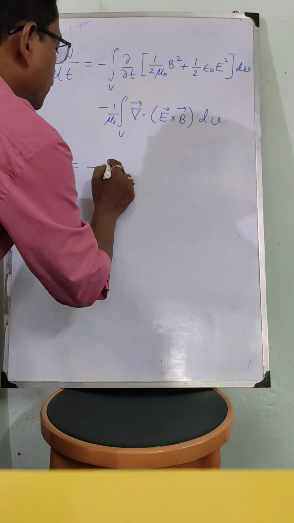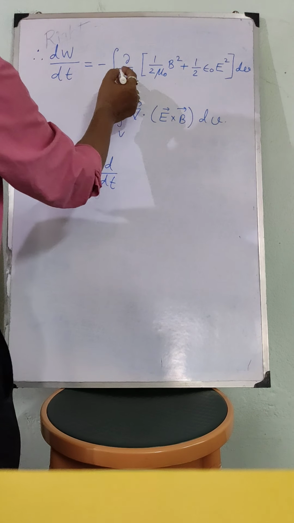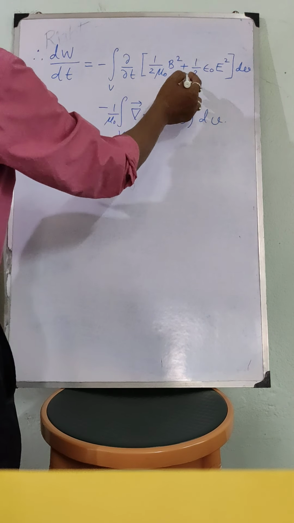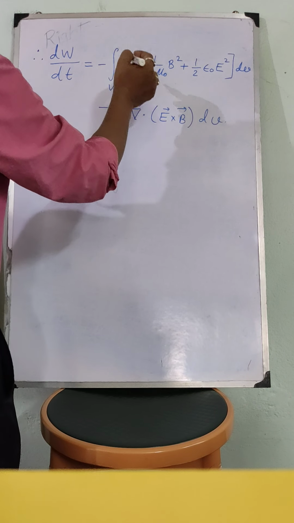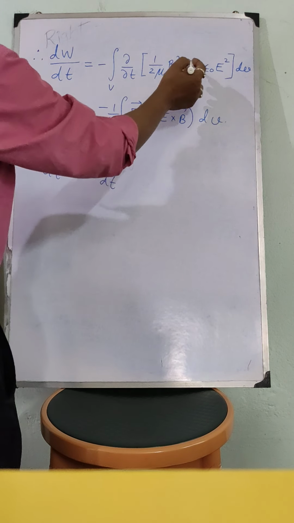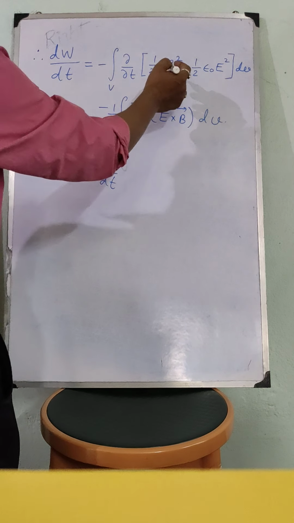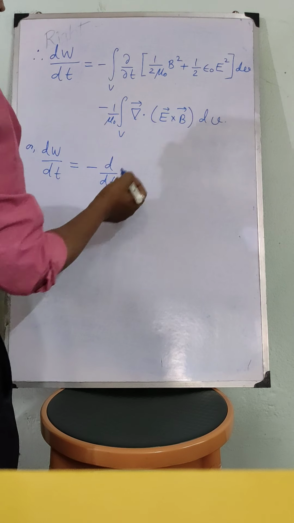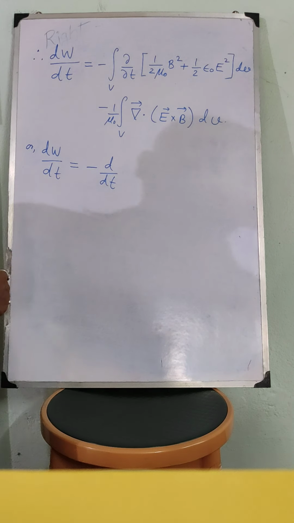Why? Because this is a definite integral. After you perform this integral and put the lower and upper limits, this integration will be independent of position. So it will be a function of only time. So we use the total derivative here.